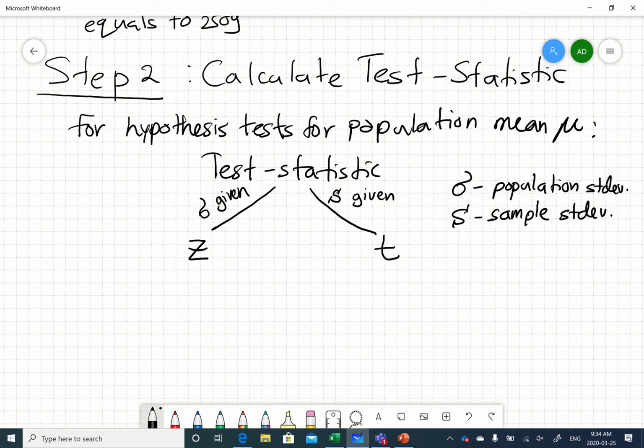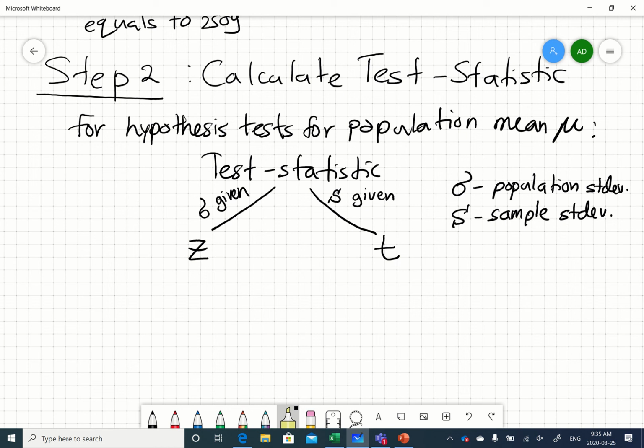Actually, population standard deviation is also a parameter because it's a number related to the population, right? But sometimes in statistics we do have ways to acquire that number accurately. So when that happens, you will have the parameter value, and if that's given, you can use the Z approach.